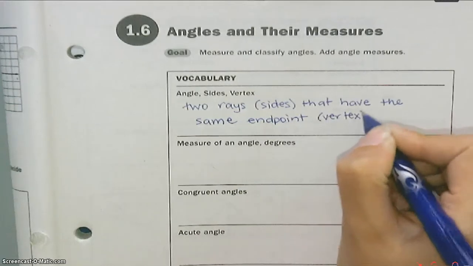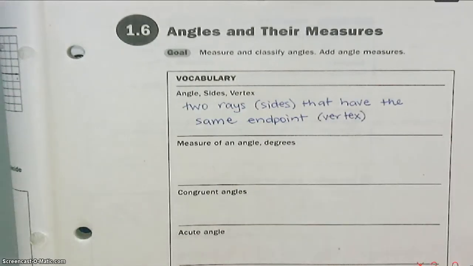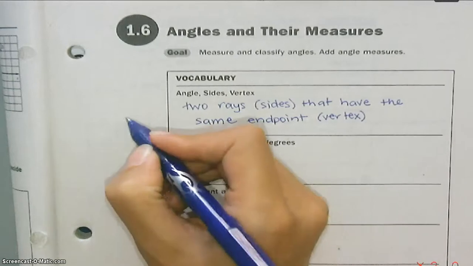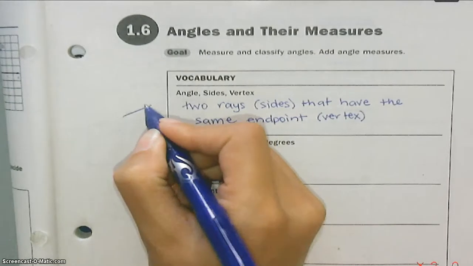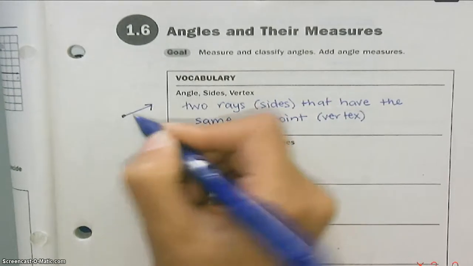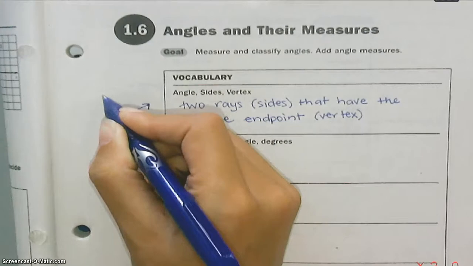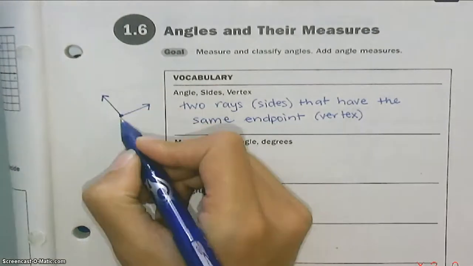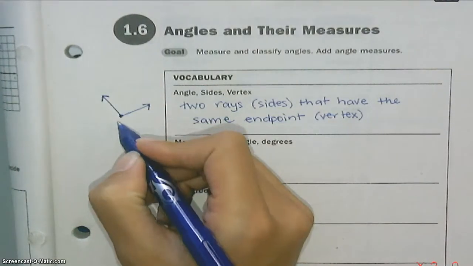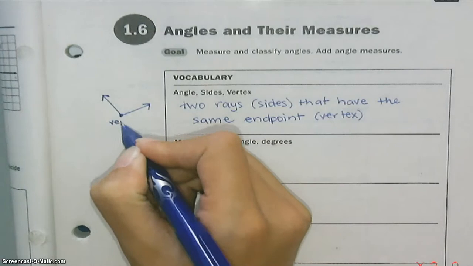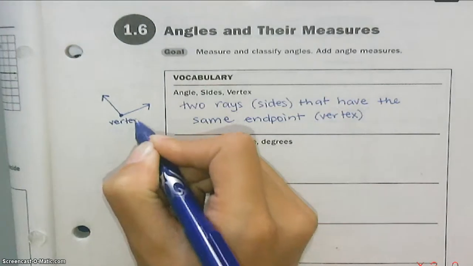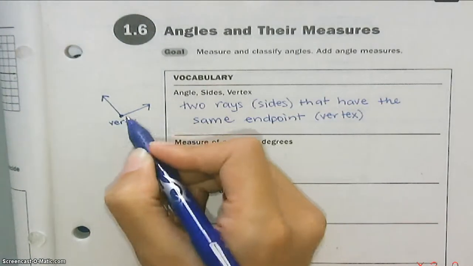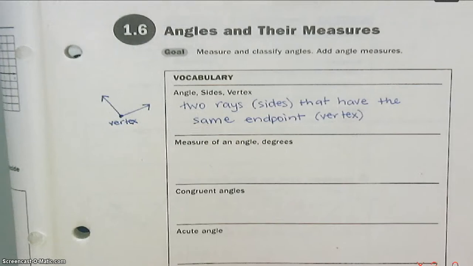So I'll draw you a picture so this makes a little bit more sense. So we've got two rays that are coming from the same spot. And this spot right here, that's the vertex. And then these rays are the sides of the angle.